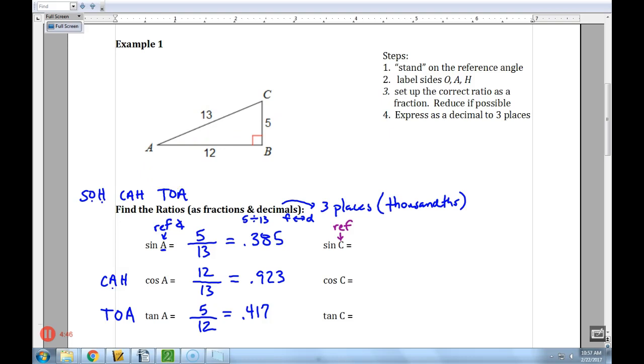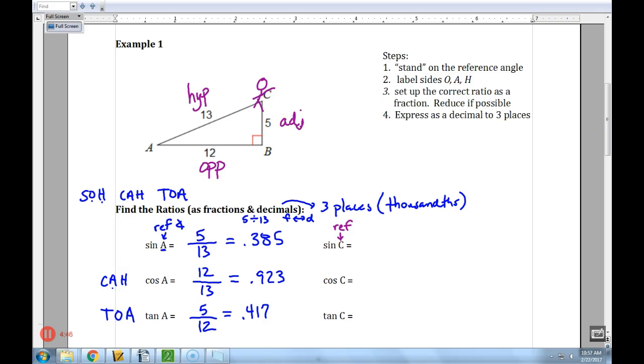Let's put our man on C. The hypotenuse is always the hypotenuse, always across from the 90-degree angle. But now the opposite leg is the 12 and the adjacent leg is the 5. They switched because my point of view switched.